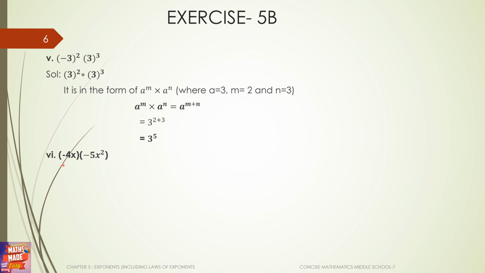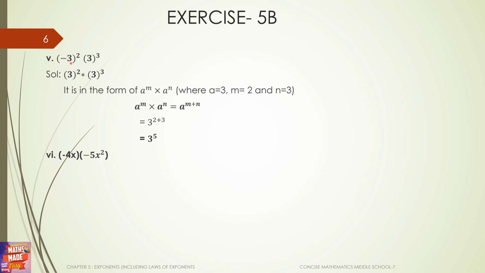Sixth question, minus 4x minus 5x square. If you observe over here, children, look here, the square is inside the braces, and this square is not applicable for this minus or 5. This square is applicable only for this x part. But in the earlier question it is not like that.